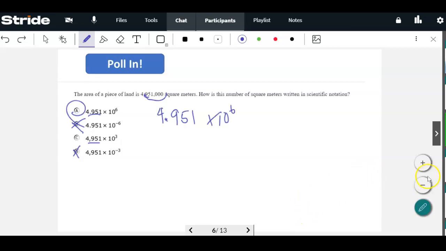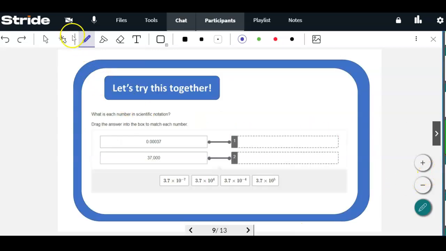All right, just a couple more here. I'm going to go down here. You'll have a quiz, and I just want to make sure you understand how to do this type of problem. It says write each number in scientific notation. It's one of those click and drag problems. Now this one is going to be a negative exponent.